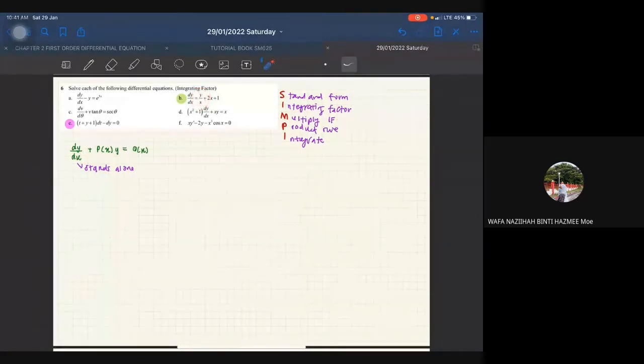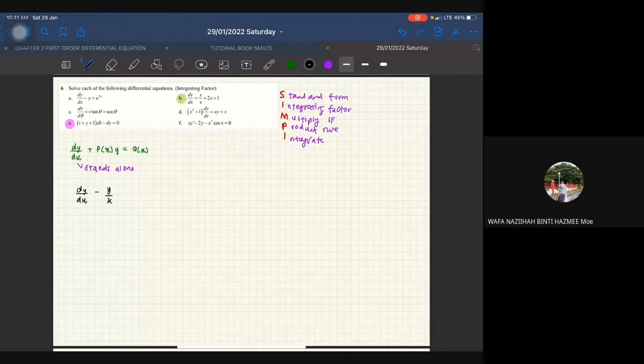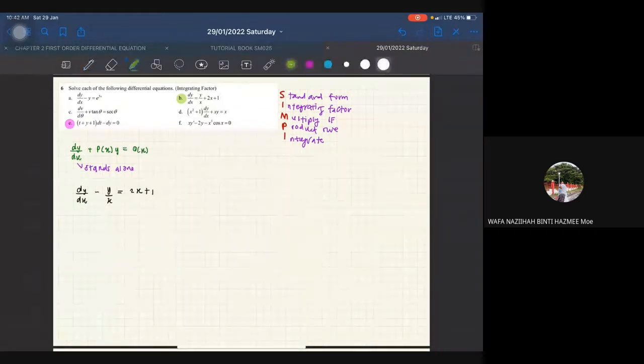The p(x)y sits on the right side. So we bring this y over x to the left hand side. Okay, so we get dy/dx minus y over x equals 2x plus 1. Okay, settle. Alright, here we must be careful.